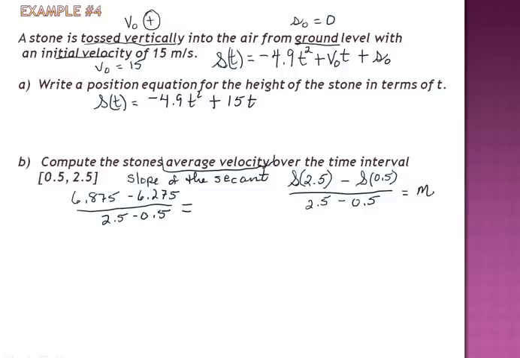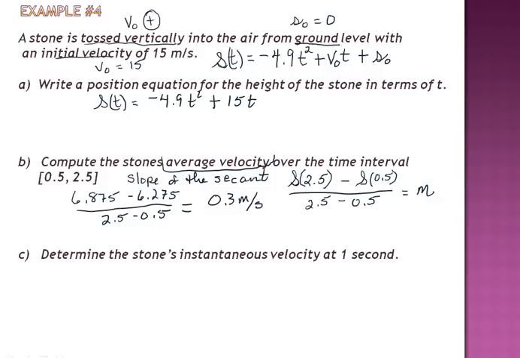We love our calculators, and they tell us that it is 0.3 meters per second. Now they want us to determine the stone's instantaneous velocity at 1 second. So instantaneous velocity means instantaneous change, which is slope of the tangent. And we know that slope of the tangent means find the derivative.